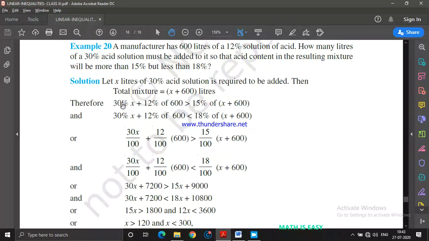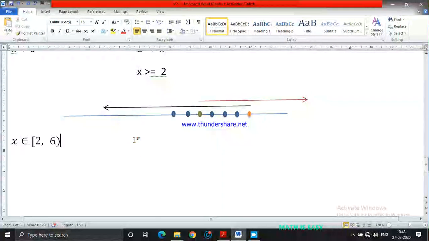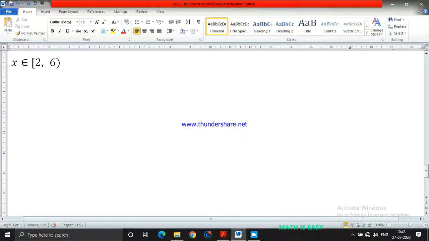So first, 30% of X liters, that is the acid in the X liters which you are adding, plus 12% of 600 liters, must be greater than 15% of the total solution. So that's what the question says. 30% of X, because this is the acid I am adding, plus 12% of 600 liters.